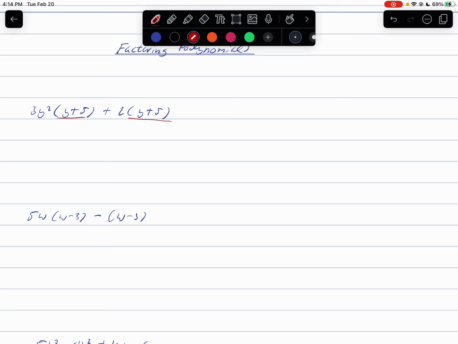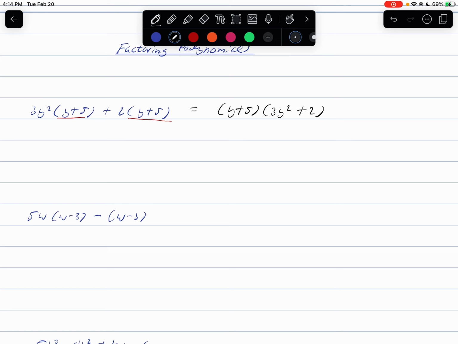We can factor out a y plus 5 from each of these, and rewrite this as y plus 5 times 3y squared plus 2.